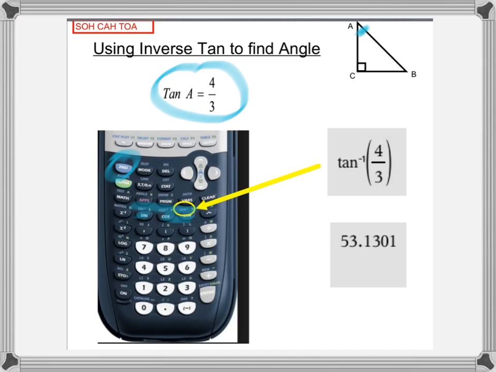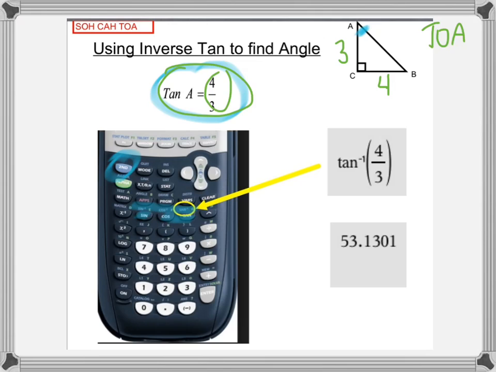So for angle A, I know that the tan ratio is opposite over adjacent. Let's say that this is 4 and this is 3, but I don't know what angle A is. What the inverse tan does is, what I know is that tan of A is equal to 4 over 3.